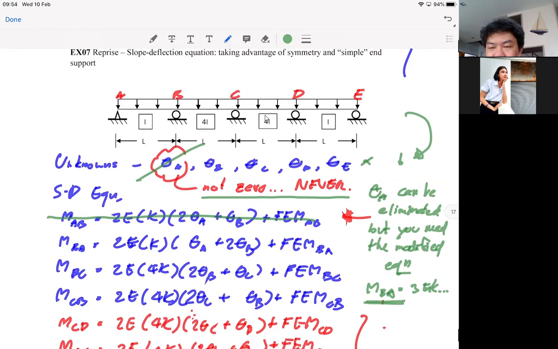They get the rotation in the end. But then when drawing the shear force and bending moment diagram, do you know what symmetry means? Symmetry means that, if we're talking about this beam, there must be a line of symmetry somewhere, and it should be in the middle. Otherwise, we don't call that symmetry, correct?